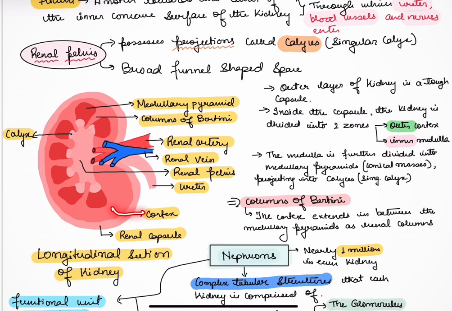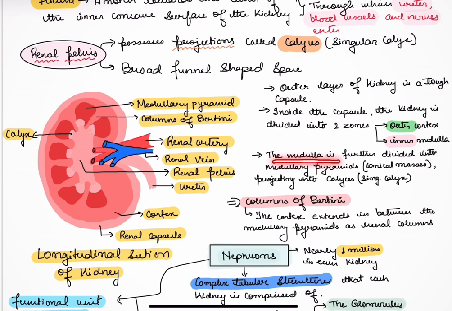So this is the cortex, all this is the cortex, and this portion is medulla. And in the medulla, we have further divisions in the form of medullary pyramids.